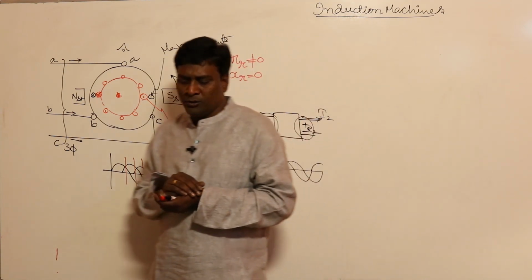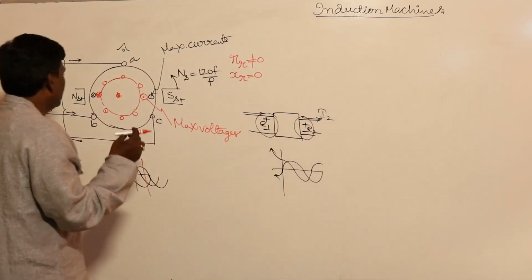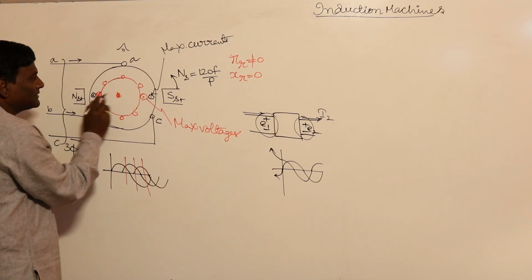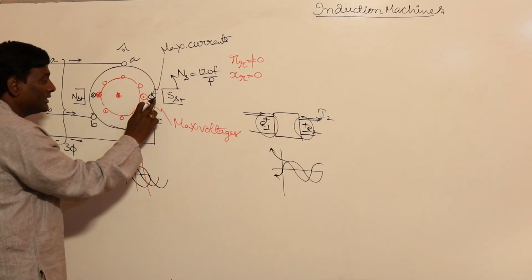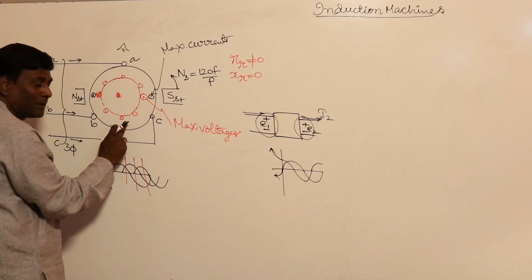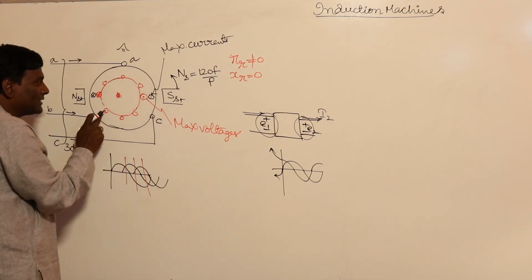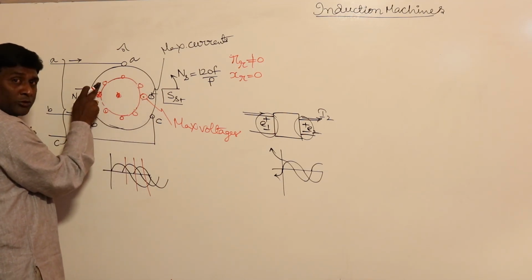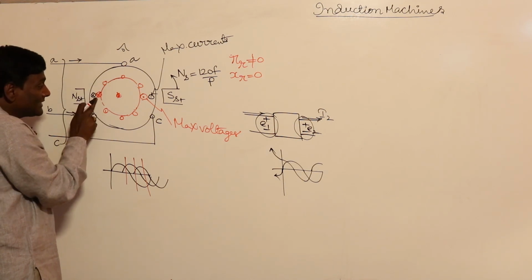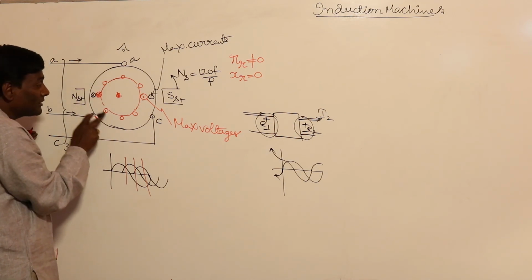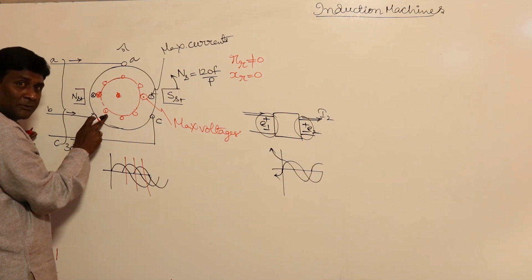Now coming to the point, see here, as of now maximum currents are happening here. As of now 0 currents are going to happen here. As of now some positive currents are going to happen here. So this current and this current are time displaced, because these two windings are space displaced.